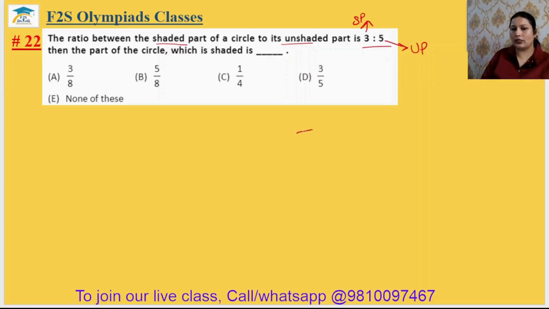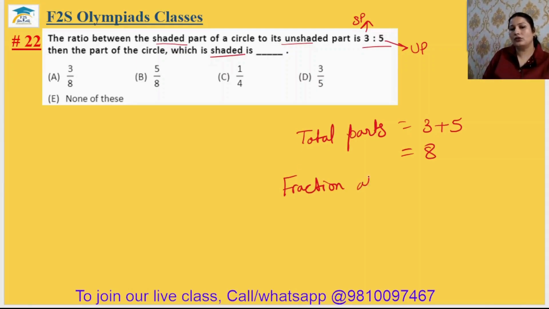Okay? So total parts equal 3 plus 5 equal 8. So the fraction of shaded part equals 3 out of 8, 3 by 8. That is in option A. 22nd answer is option A.